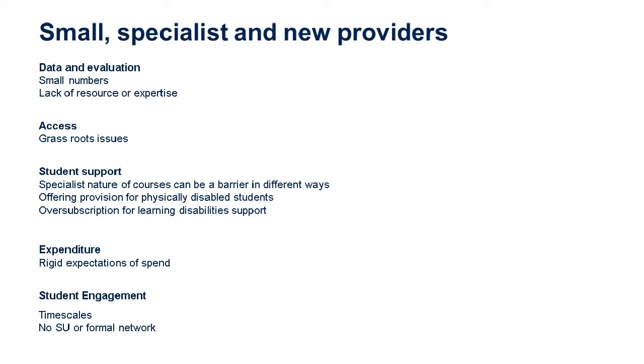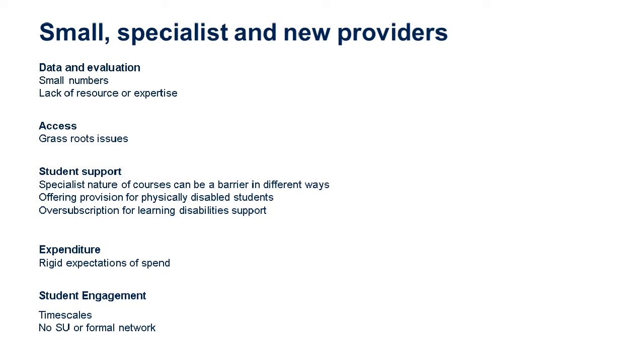So small numbers, meaning that it's difficult to do a full assessment of performance, a lack of live data. And we also hear that in smaller institutions, there is not the capacity or the expertise available that there are in larger institutions to deliver some of this work.